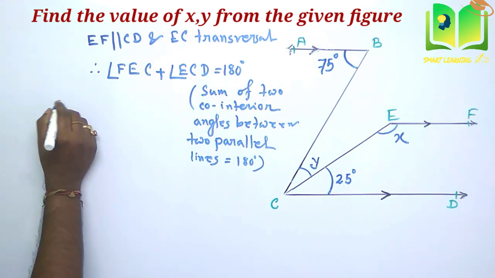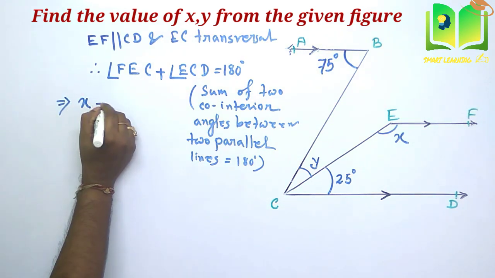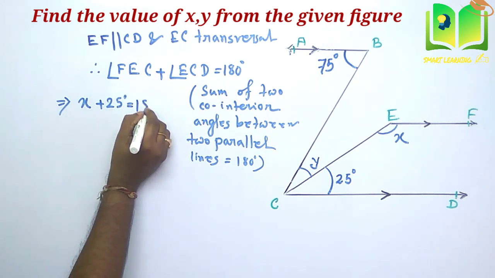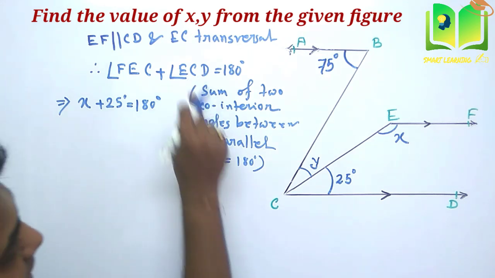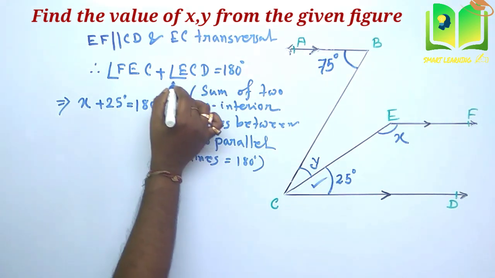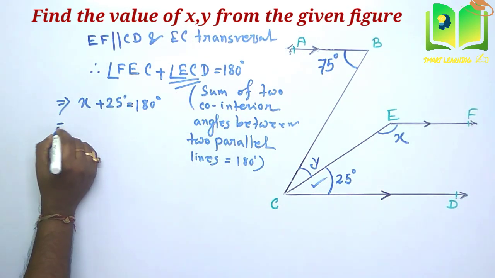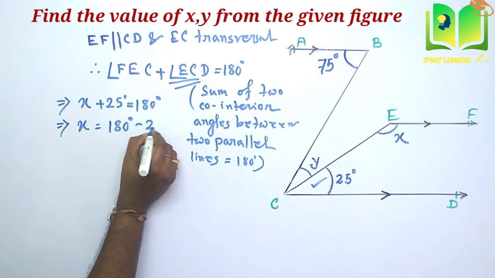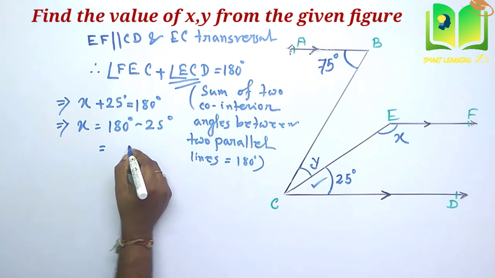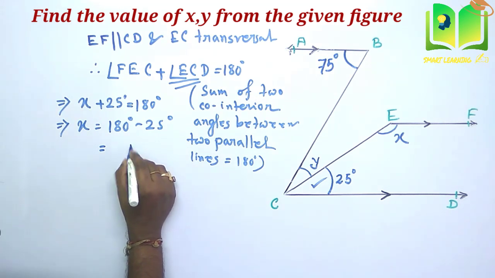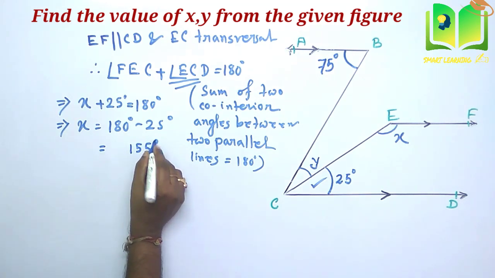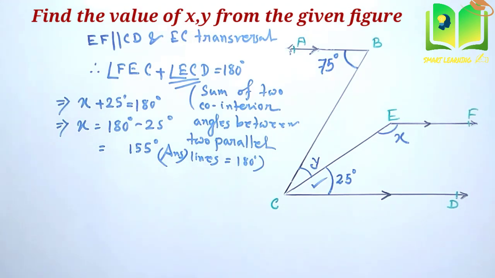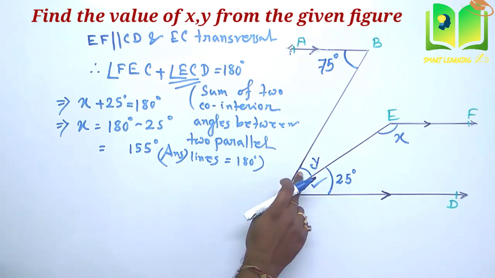So now I will write here x plus 25 degree equals 180 degree. Value of ECD is what? 25 degree. So value of x is 180 degree minus 25 degree. So it provides you 155 degree. So this one is your answer. Now I will find out the value of y.